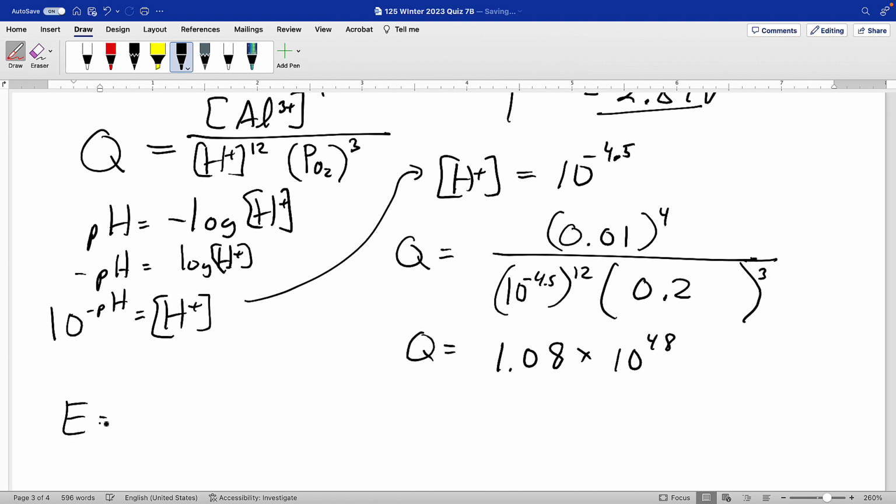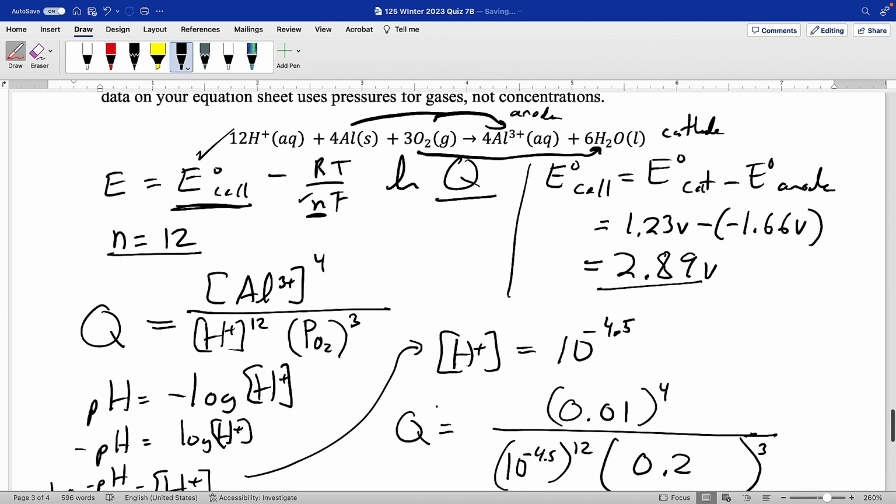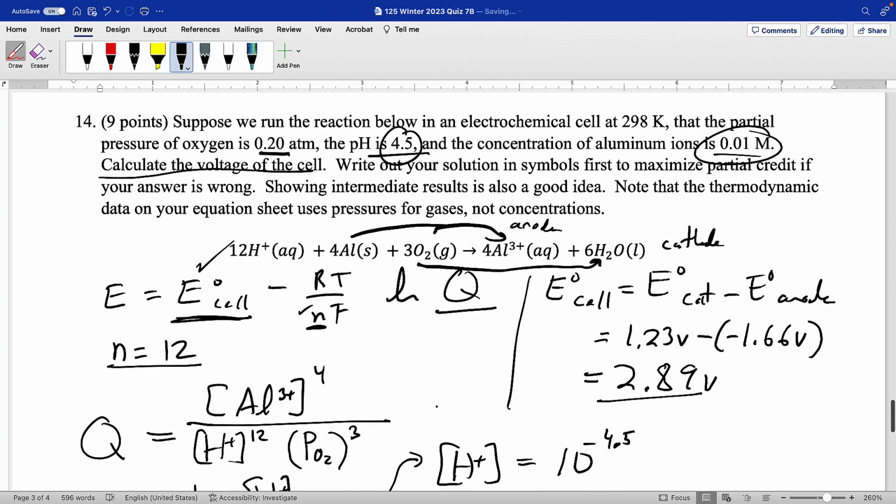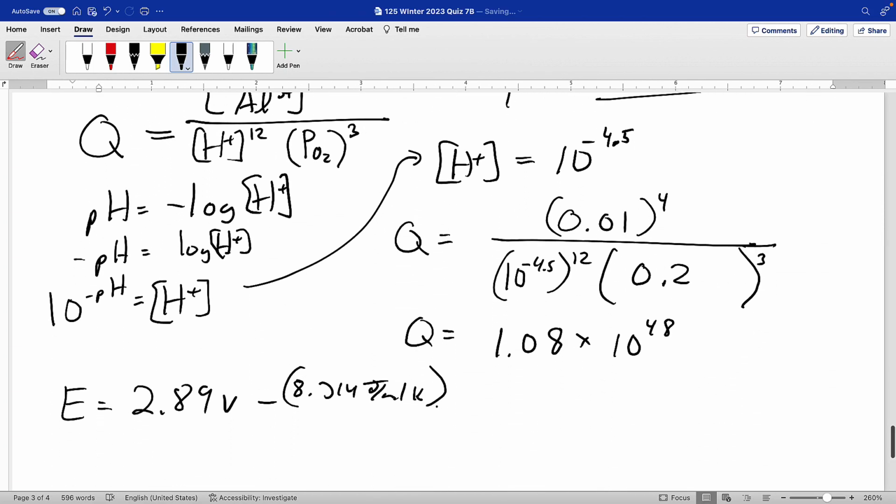So E is equal to E standard, which was 2.89 volts, minus 8.314 joules per mole per Kelvin, times the temperature, which was given as 298 Kelvin.